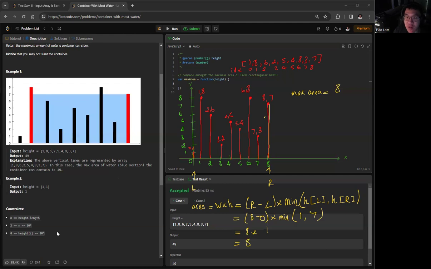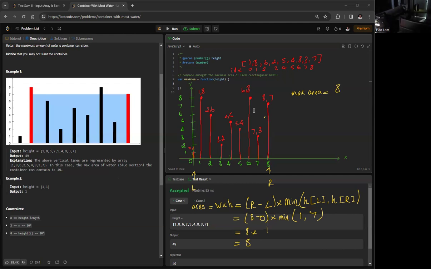Right now, the line at index right is shorter than the line at index left, so we want to move the right index because we want to find a better height. Currently the right line is shorter than the left line, so we move that in hope that we find a higher line for a bigger area.